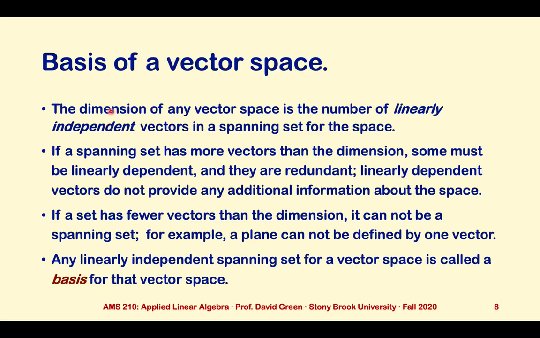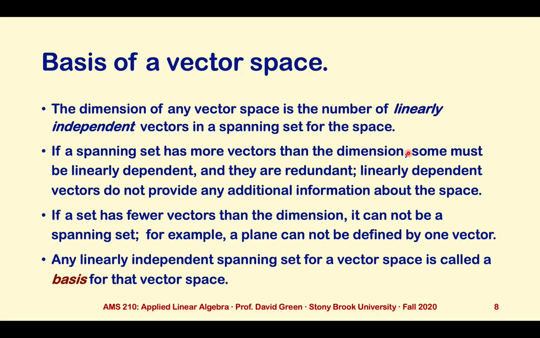If the dimension of a vector space is the number of linearly independent vectors in a spanning set, we can say a couple of things just knowing this. First of all, if a spanning set has more vectors than the dimension, some of them have to be linearly dependent.